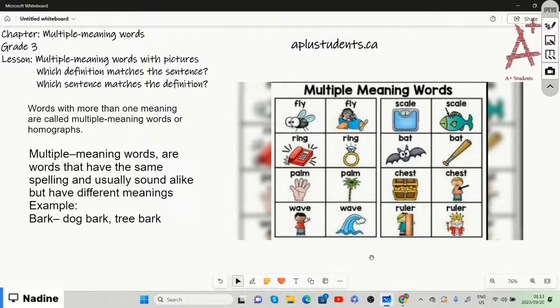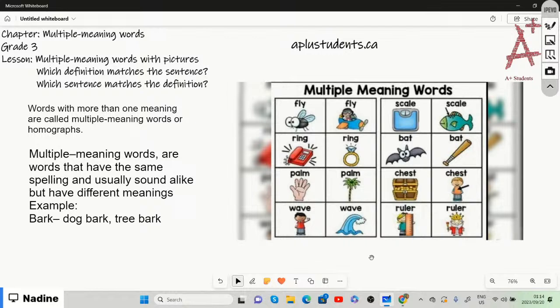So that is a chest, like a treasure chest with gold and money and jewelry in. And then we have chest. If you put your hand just below your neck, close to your heart, then that is your chest. It's like putting your hand on your chest.